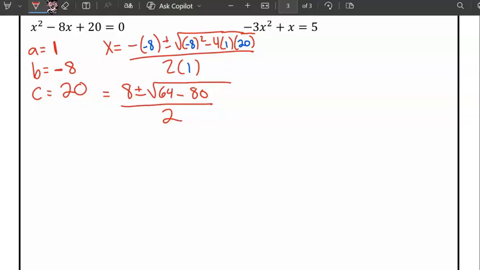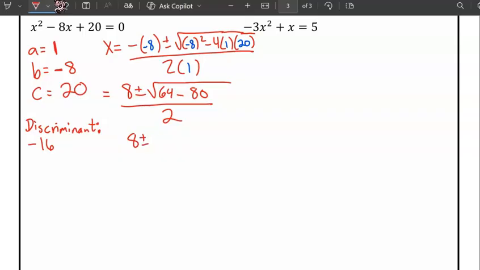Let's find the discriminant of this. 64 minus 80, we have negative 16.